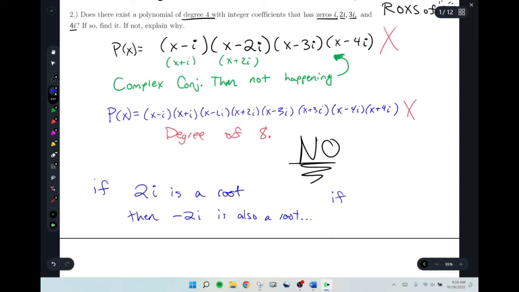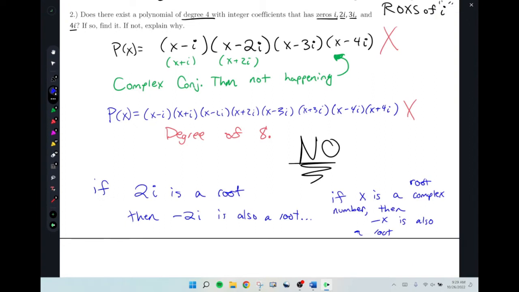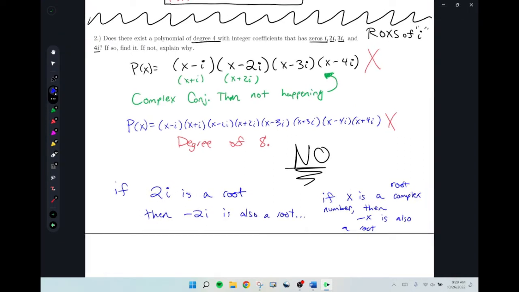So then I guess you could say if x is a complex number and a root, then negative x is also a root. And that's just flipping the sign of the root, not of the factor. We're not taking the factor and flipping the sign for x and the sign for the root. We're only flipping the sign for the root itself. Okay? Ugly, weird. We don't see this as much, but it's just a good thought process to think through.